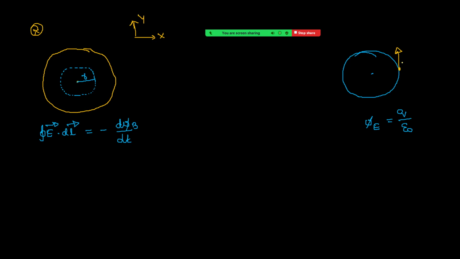In that case, no field lines are coming outside or entering. This is what we can say from Gauss. Therefore, at each and every point on this loop, the direction of E bar is along the tangent.